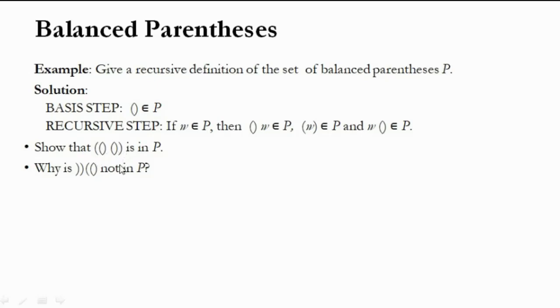So in general, how will it be recognized? Usually it will be recognized with the help of stack operations. So this can be recursively defined, and we can also use stack operations.